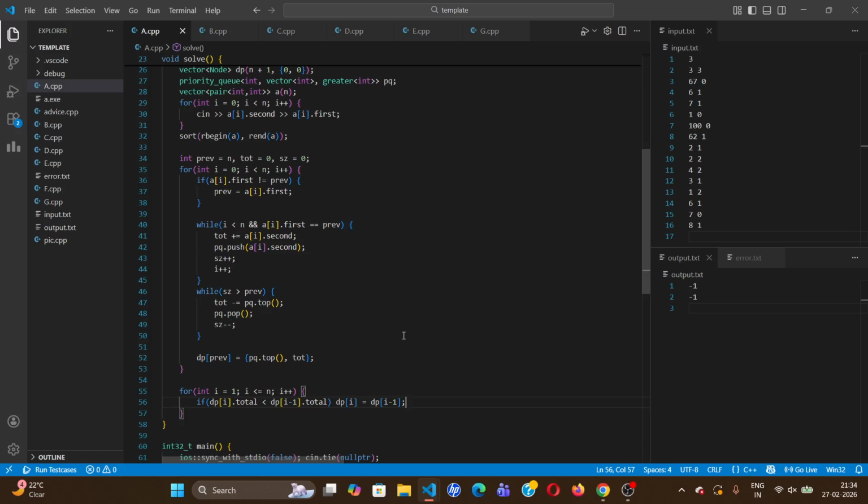But if it is like, then what will happen? If it is like this whole thing is well balanced and this dp i minus 1 has one value which is very big.